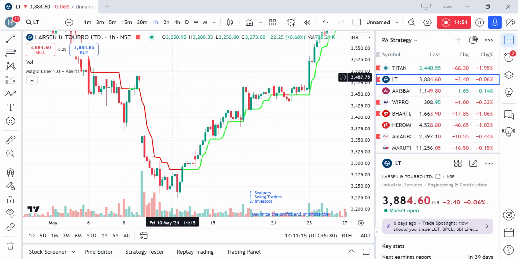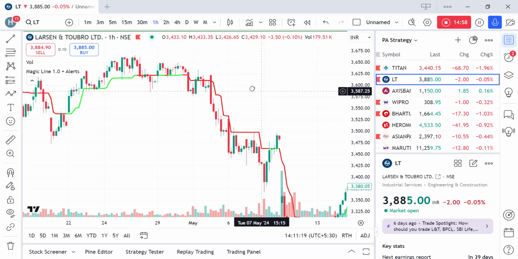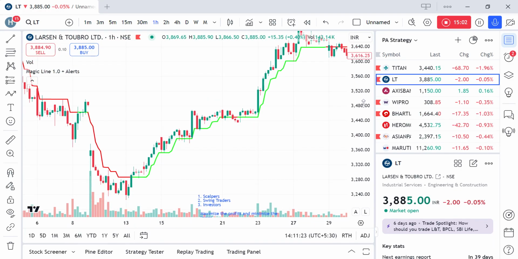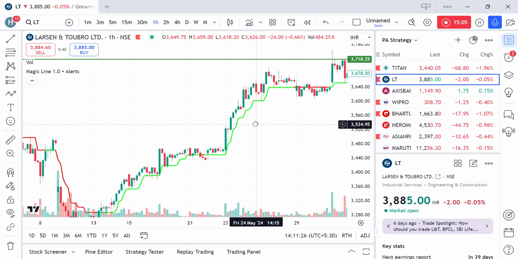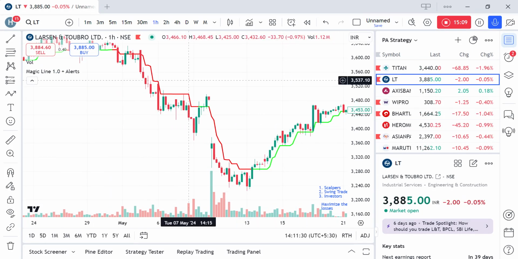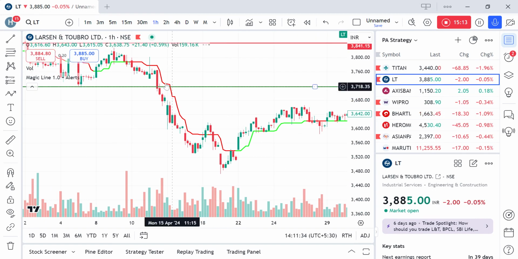But to give you an overview, a demo of this magic indicator, we are making this video, right? So you can check that this magic indicator is helping you in making a good decision.